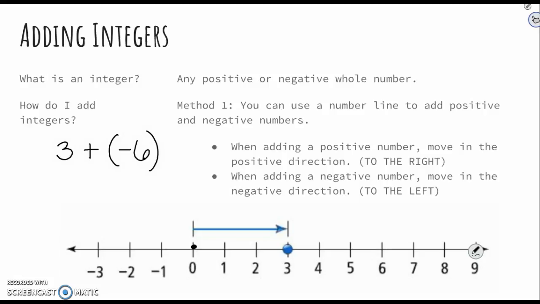Since we're adding a negative number, we move to the left. So we're going to move 6 units to the left. That's 1, 2, 3, 4, 5, 6 units to the left, which gives us negative 3. So 3 plus negative 6 equals negative 3.